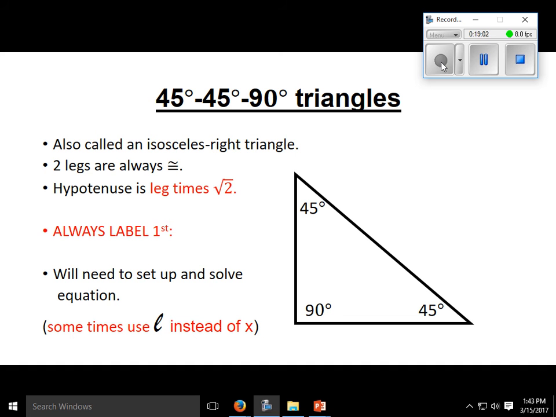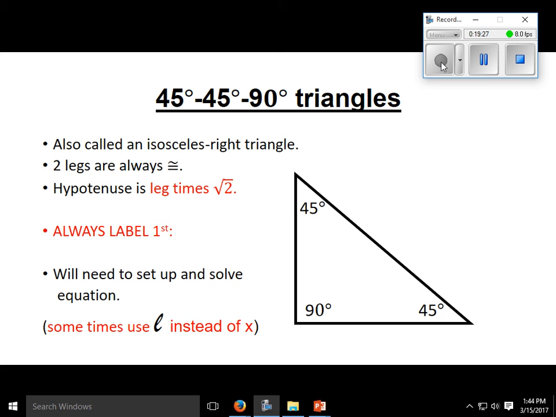So, a 45, 45, 90 triangle. Why do you think it's called the 45, 45, 90 triangle? Two angles are 45 degrees, and the other one's 90 degrees. If I know that I have a 45, 45, 90 triangle, not only are those two angles the same, what else do I know in that triangle?